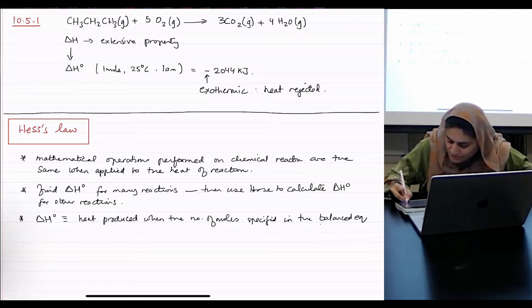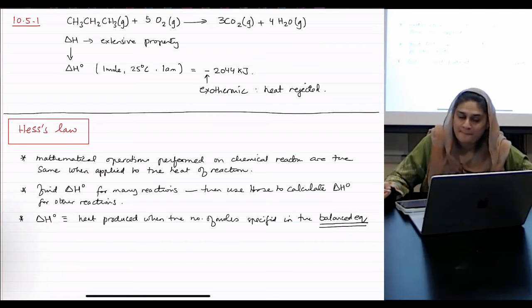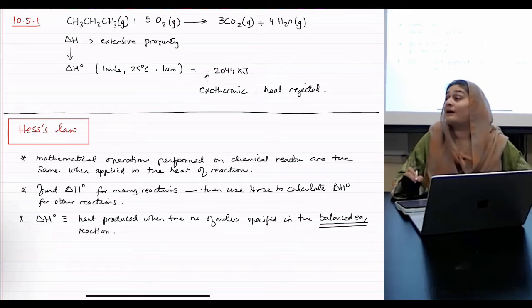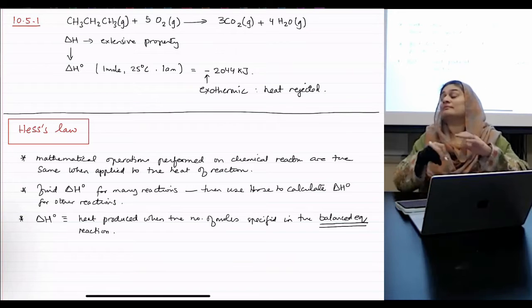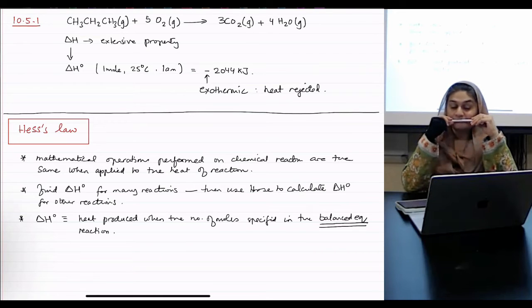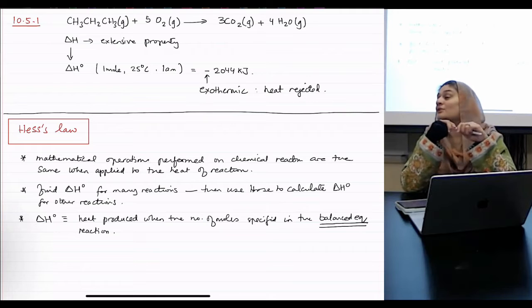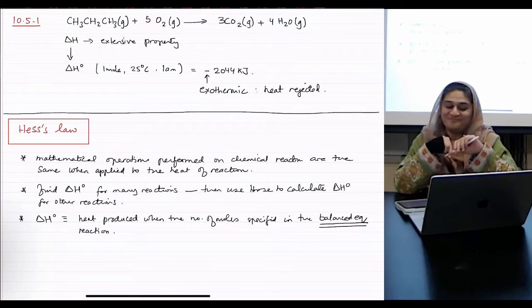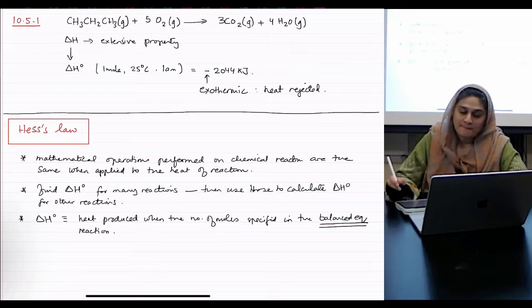I want you to underline the words balanced equation. Casey, what does that mean? Like both sides of the equation are equal, so you have to balance out the amount of elements. Exactly. So that basically means we have to balance equations before we begin.